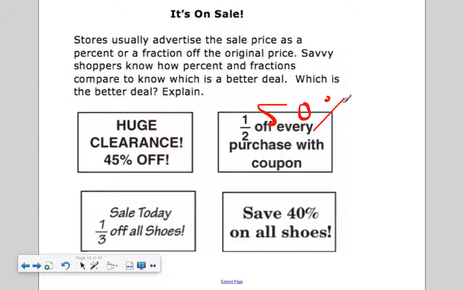So I know this is probably the better deal so far. So better than this one. Let's think about the fraction 1/3. Is 1/3 more than half or less than half? It is less than half. So I know it can't be this one because 1/3 is about 33%. 40%, nope. So the answer is this one.